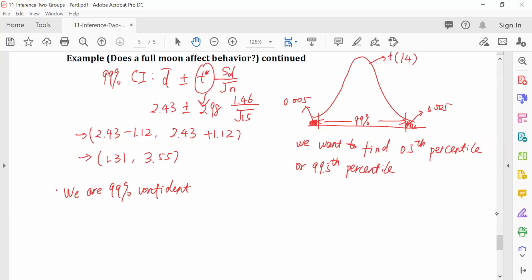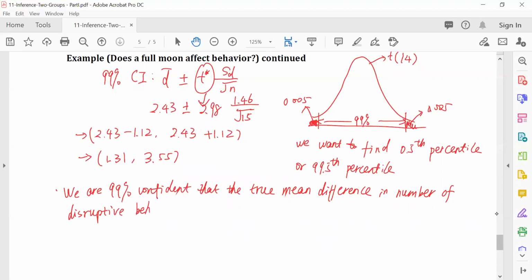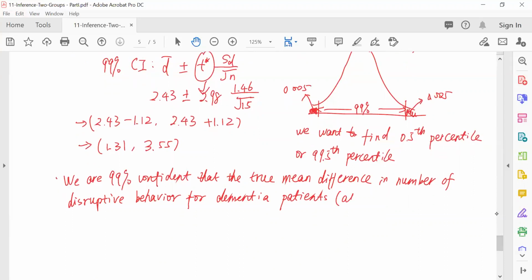So we are 99% confident that the true mean difference, again, we are focusing on the difference, in number of disruptive behavior for dementia patients at this hospital.